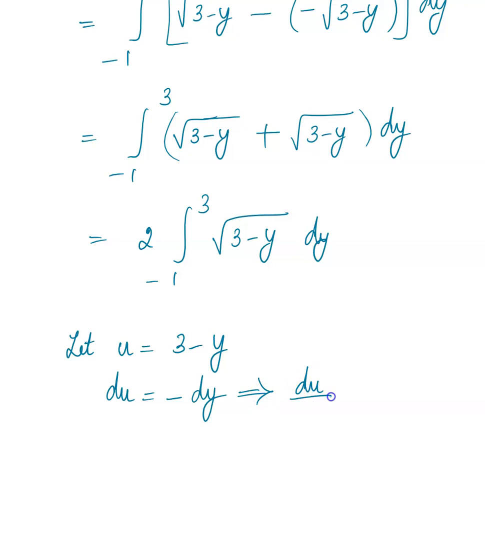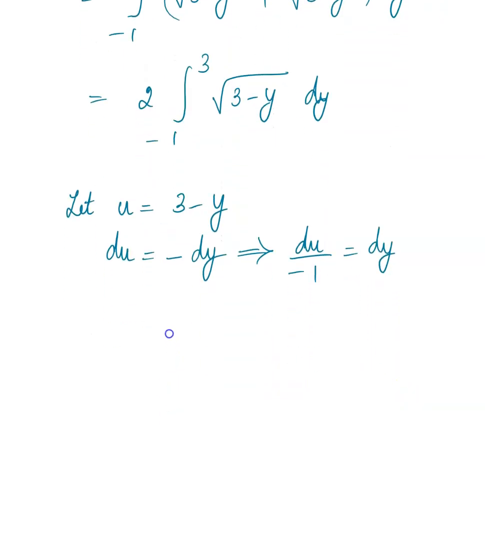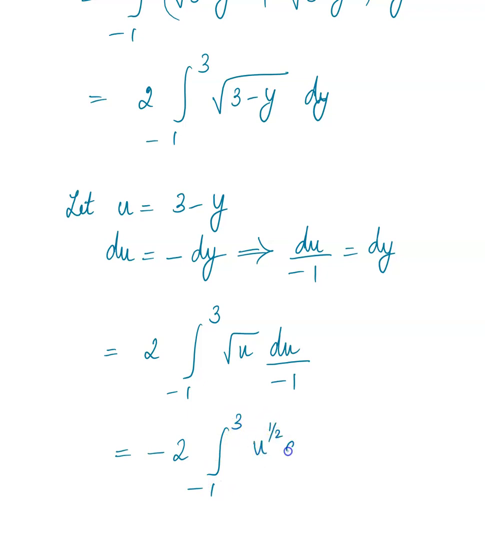So du over negative 1 will be dy. So that's going to be 2 times the integral from negative 1 to 3 of square root of u du over negative 1. I'm bringing the negative outside, so it's going to be negative 2. Negative 2 over negative 1 is negative 2, integral negative 1 to 3 of u to the power half du.